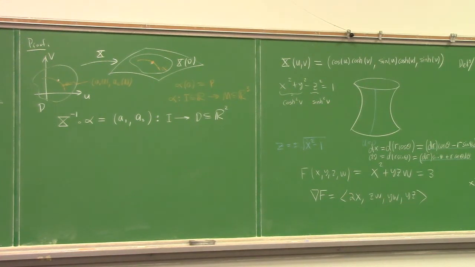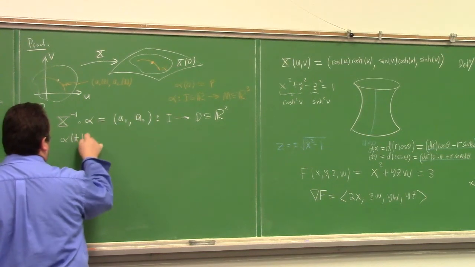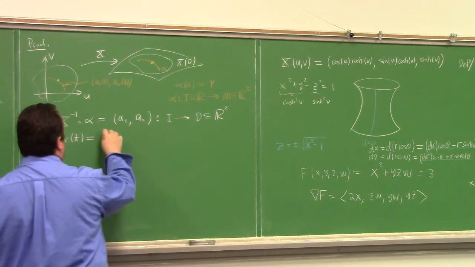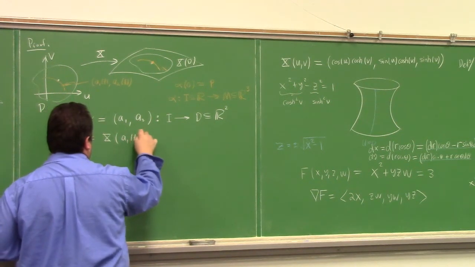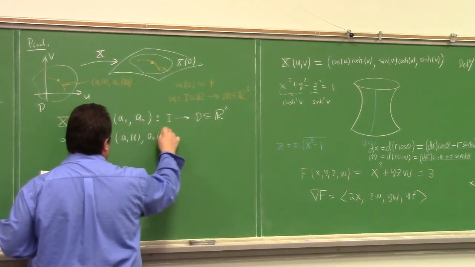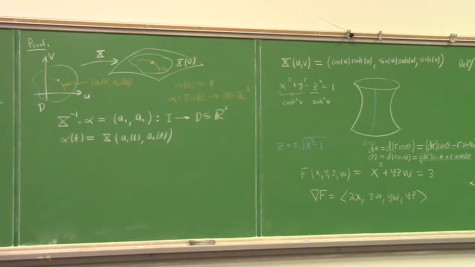So let's see here. What do we have? We have alpha of t equal to X of A1 of t, A2 of t. Our goal is to describe what alpha prime of 0 is.